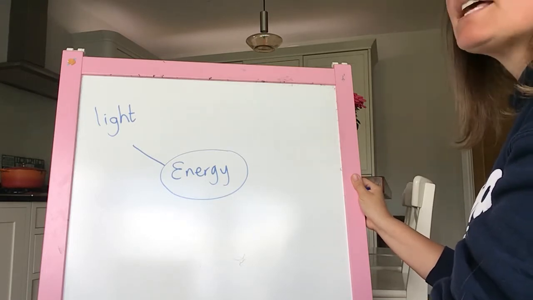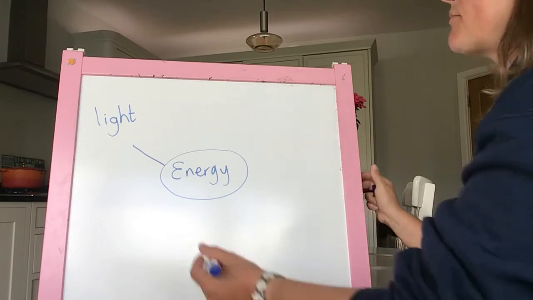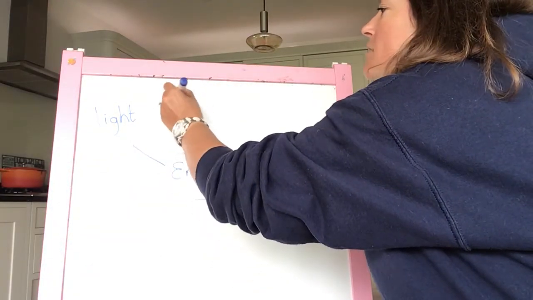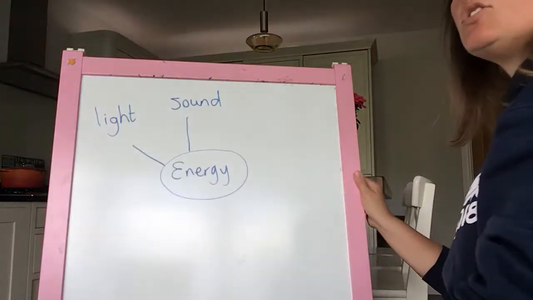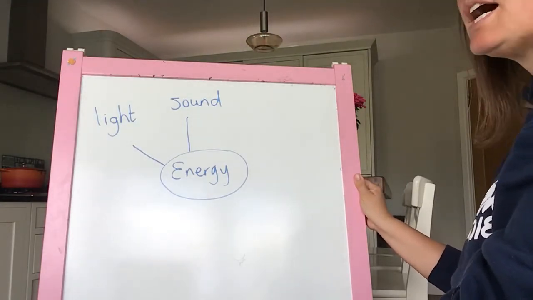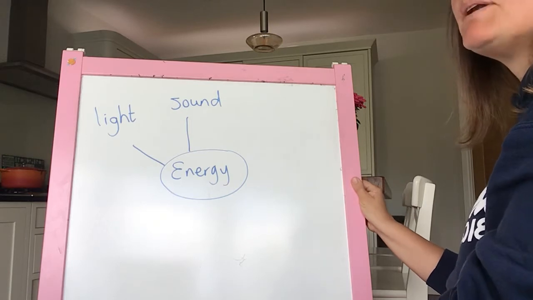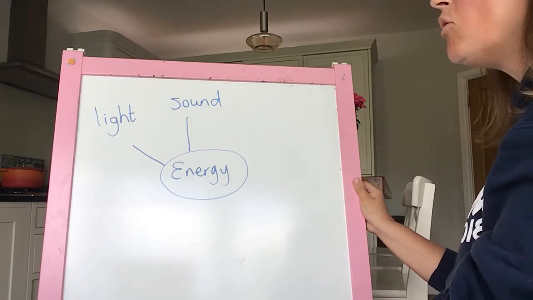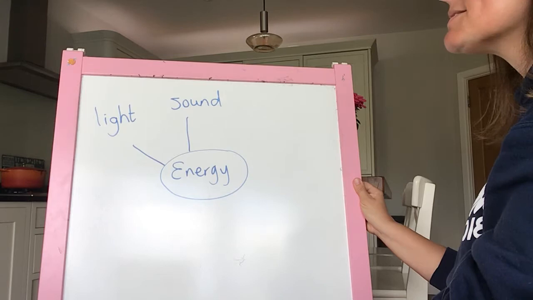Anything that actually emits light. The next one is sound. Sound energy is the energy I'm using to talk to you now. It's a dog barking, an aeroplane up in the sky, a car horn.